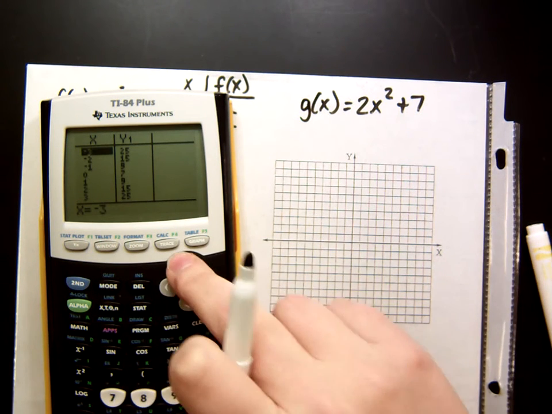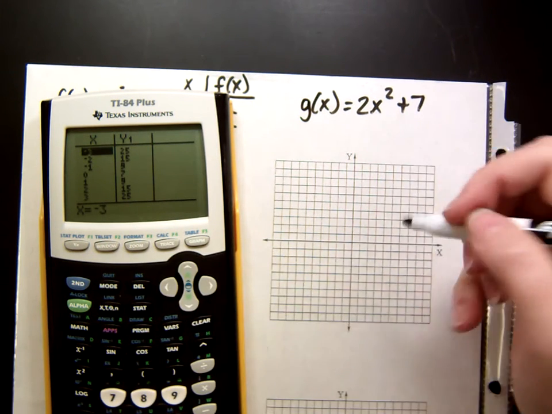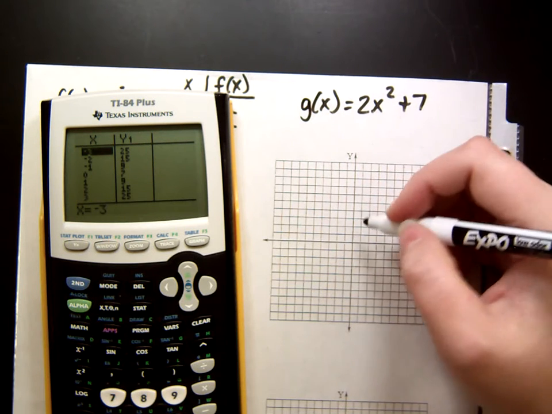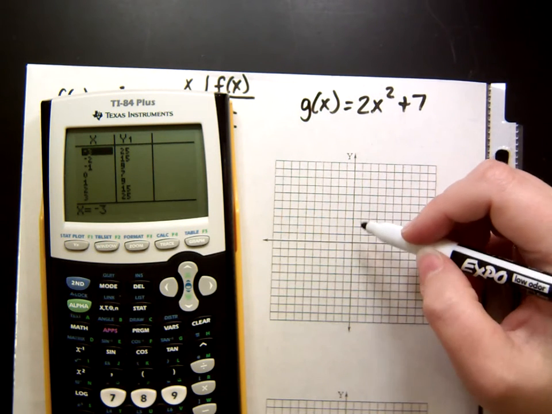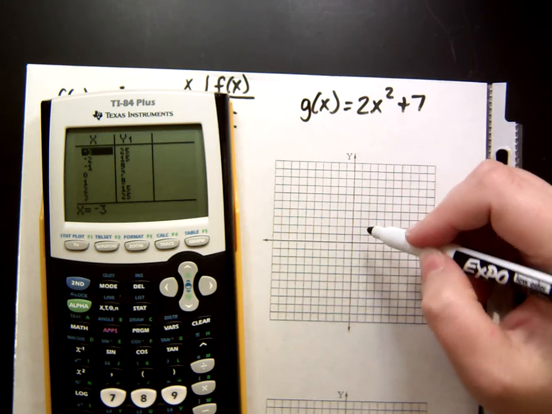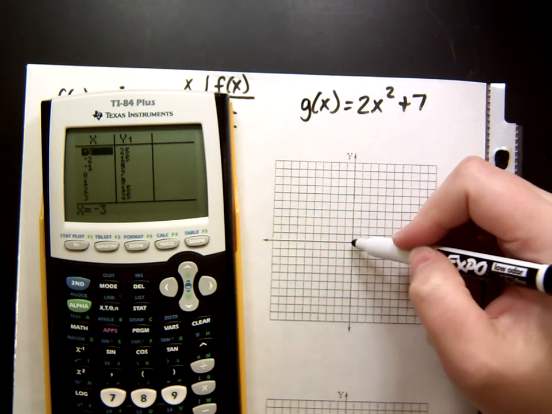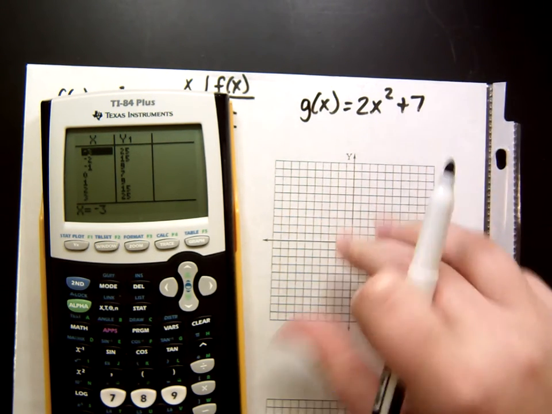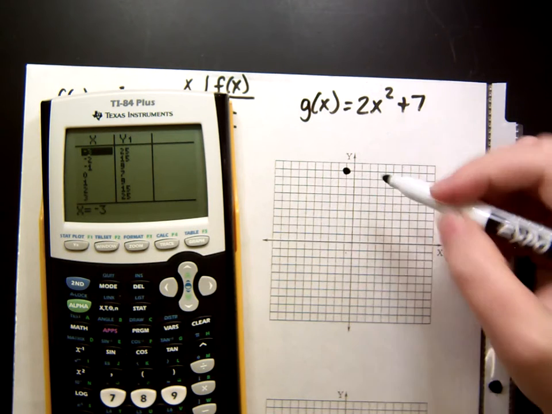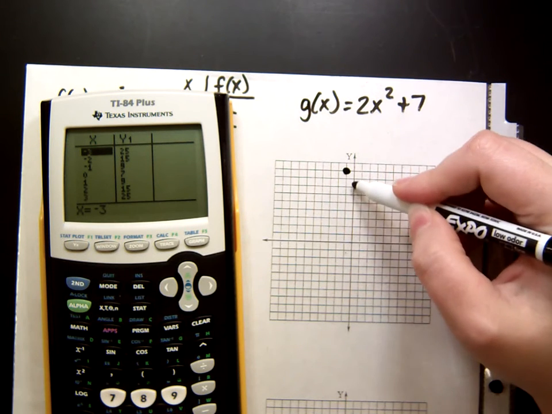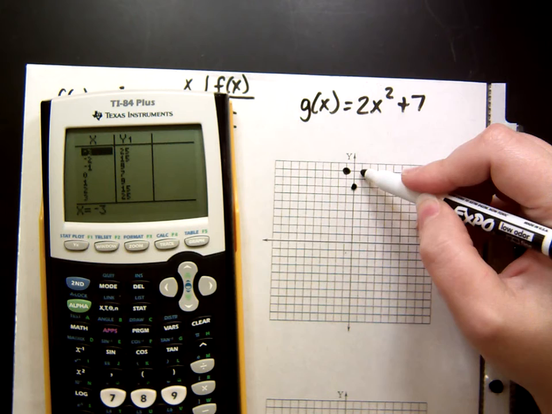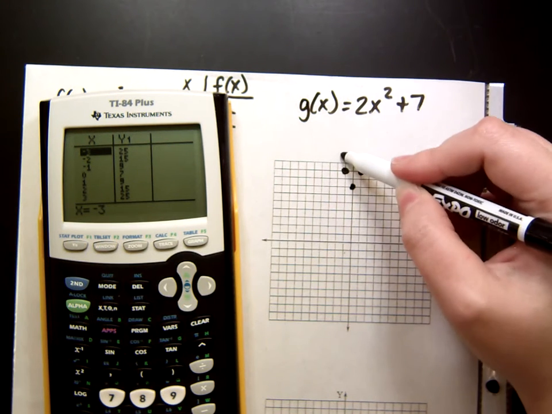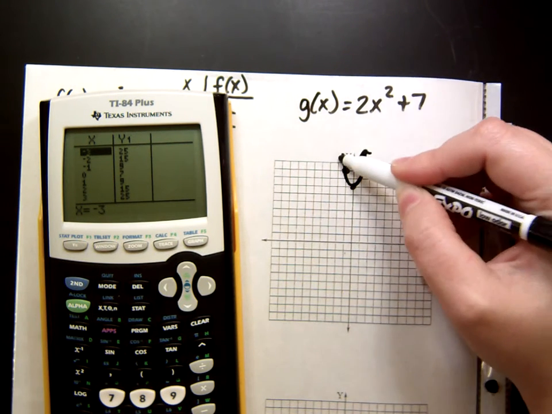I can get some points from here, and I can really only graph 3 of them on this one. I've got -1, 9, 0, 7, and 1, 9. So I have this parabola here.